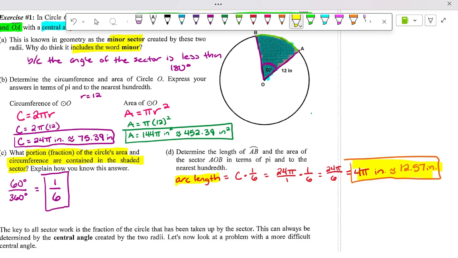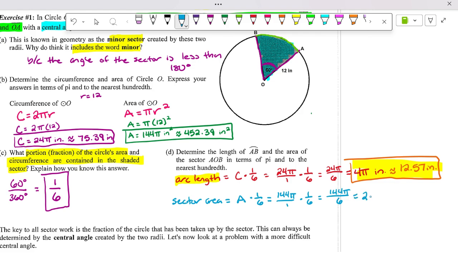For the sector area, we're going to do the exact same thing. We're going to do the area of the circle times 1/6. So that would be 144 pi over 1 times 1/6. What's 144 pi times 1? 144 pi. And then 1 times 6 is 6. What's 144 pi divided by 6? What's 144 divided by 6 essentially? 24.